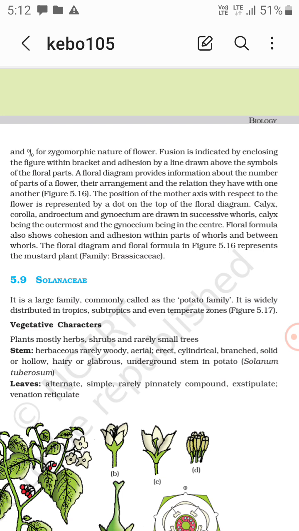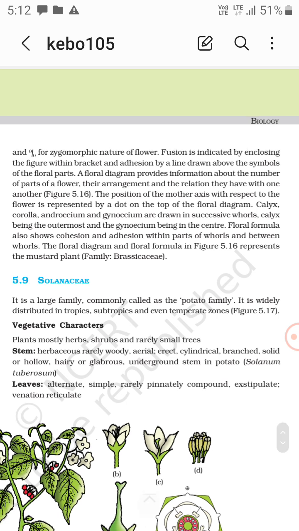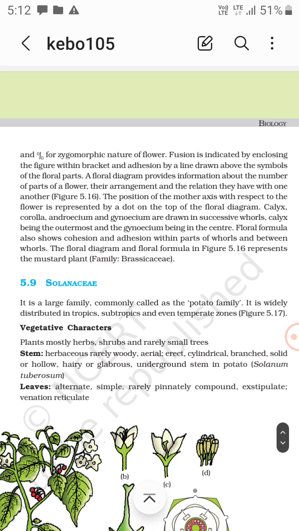On the top of the floral diagram. Now, gynoecium being in the center and calyx being the outermost, right?